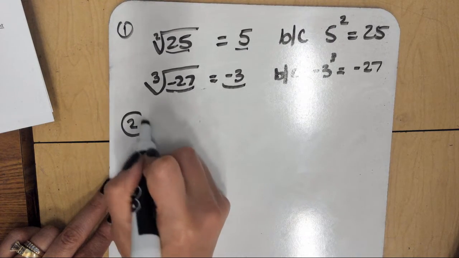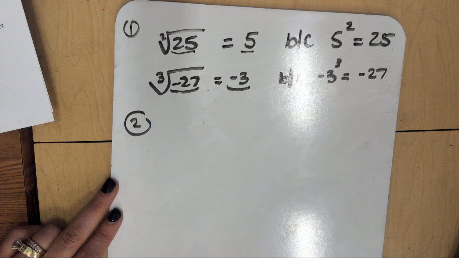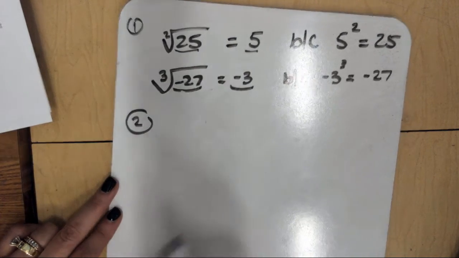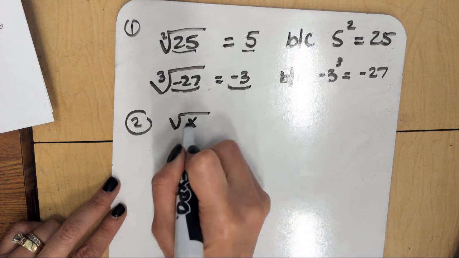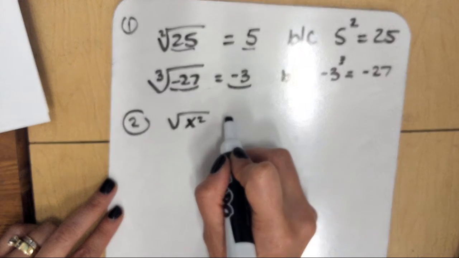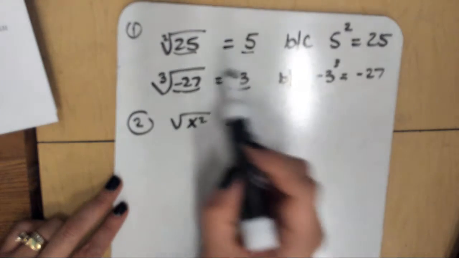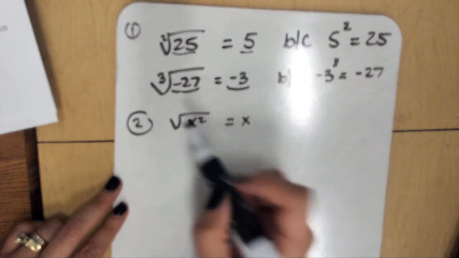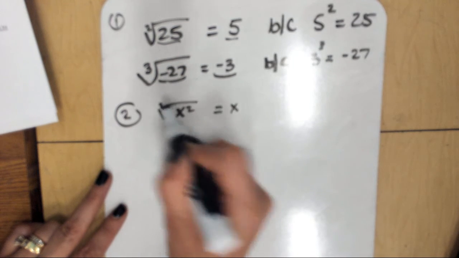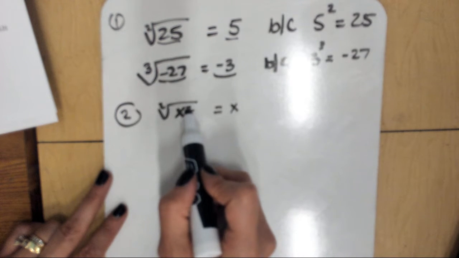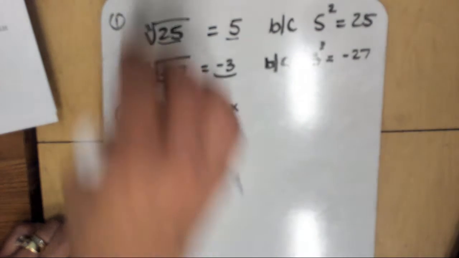In section 2, we are simplifying radical expressions. So, for example, let's say the square root of x squared. We know this is just x, and that's true because x times x is x squared. Another way we can look at that is there's a 2 in here, and 2 divided by 2 gives me 1, so x to the 1.